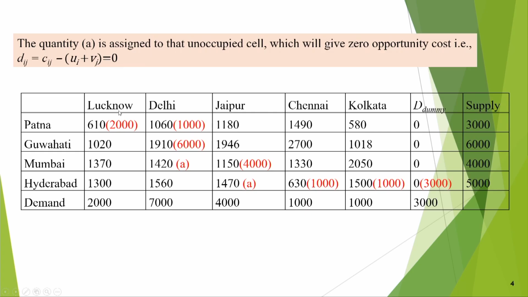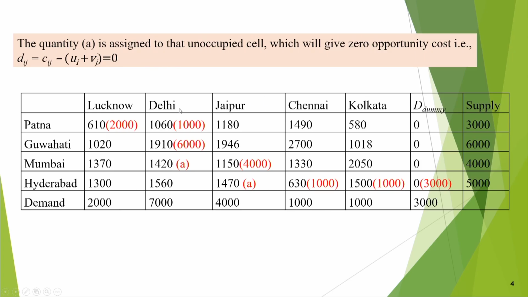Now, naturally there are basically 4 factories: Patna, Guwahati, Mumbai, Hyderabad. So, basically 4 uis, u1, u2, u3, u4, and we will have 6 vjs. That means v1 is Lucknow, v2 goes to Delhi, like that.